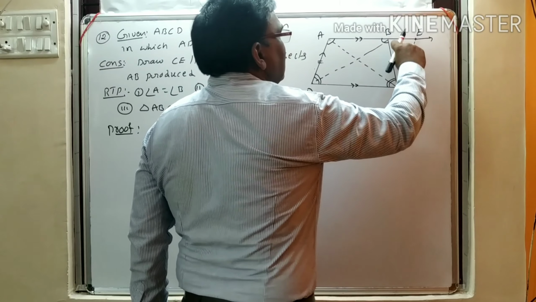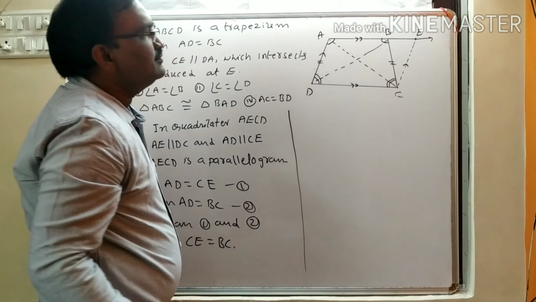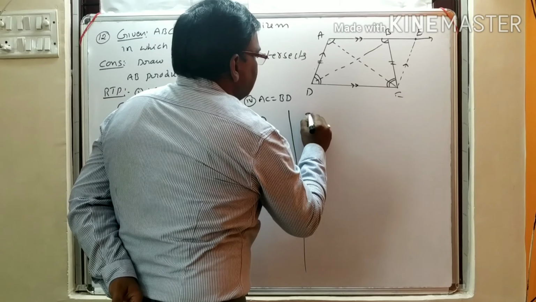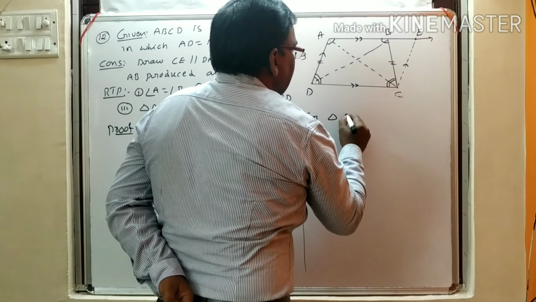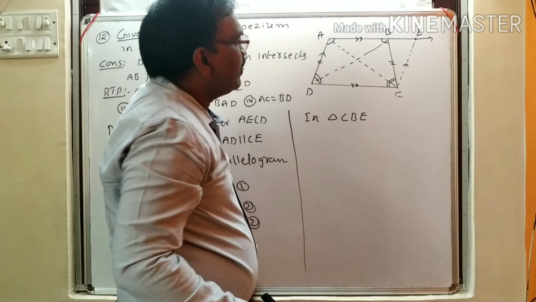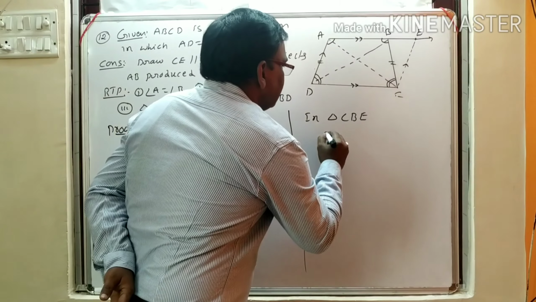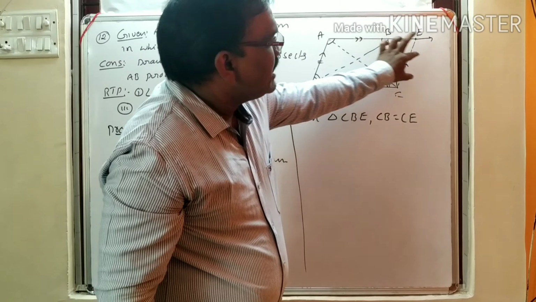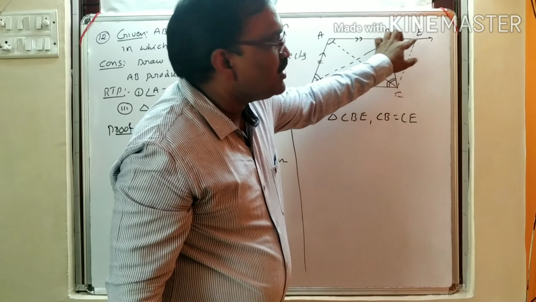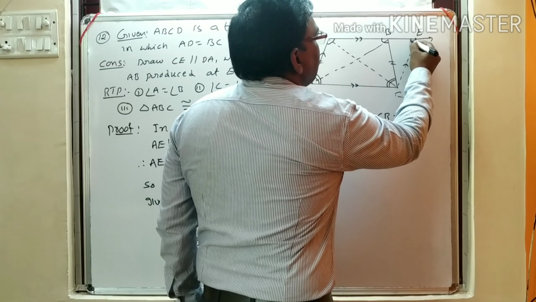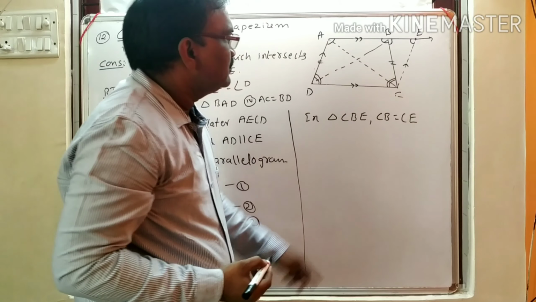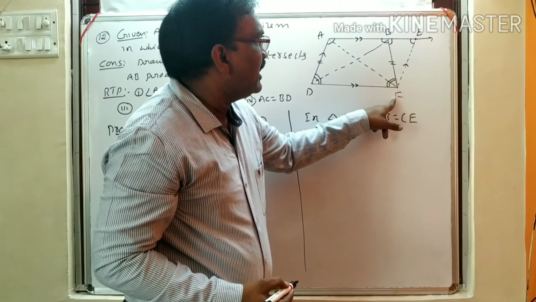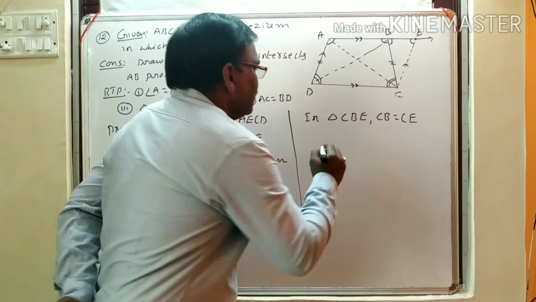So this length is equal to this length. In triangle CBE, CB is equal to CE. These two sides are equal. In triangle, equal sides, opposite angles also equal. So angle CBE is equal to angle CEB, equal to some x.